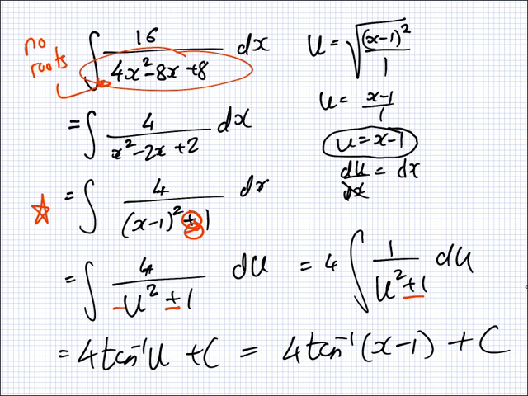One more question. Someone doesn't know that 1 over u squared plus 1 integrates to tan inverse. What do you mean?